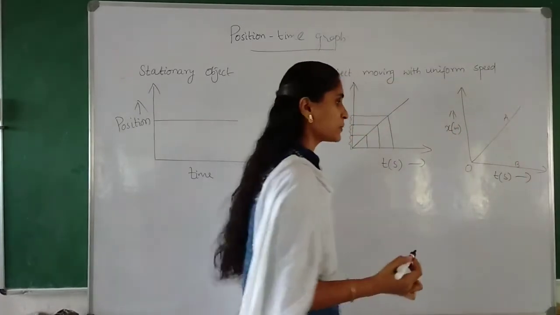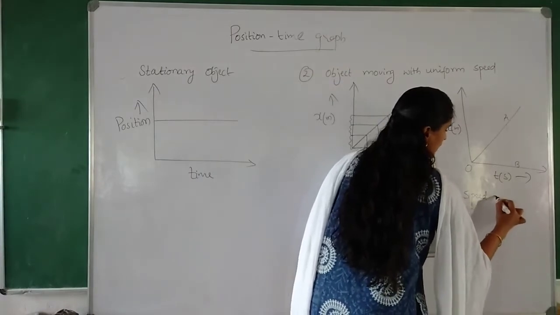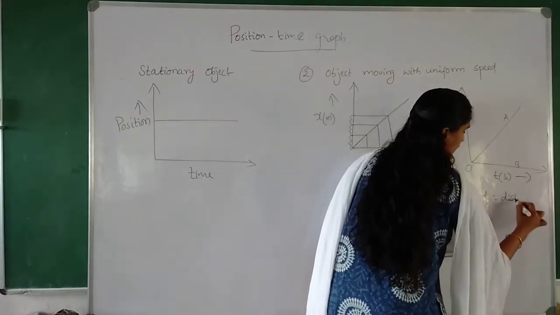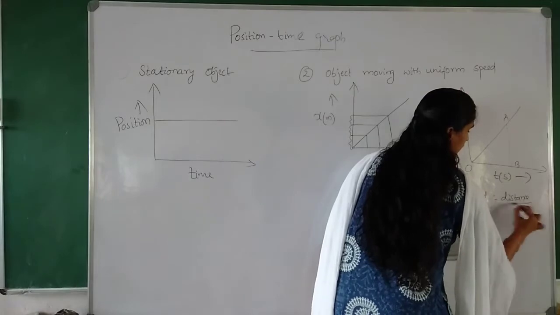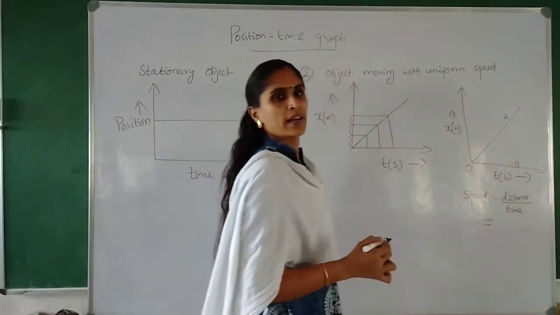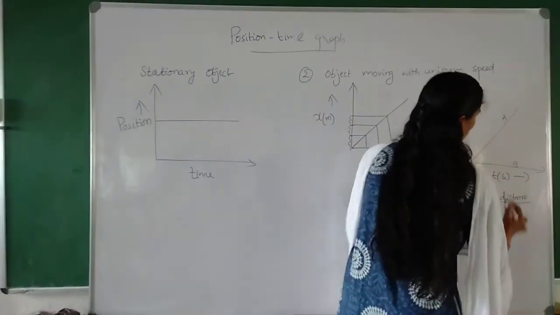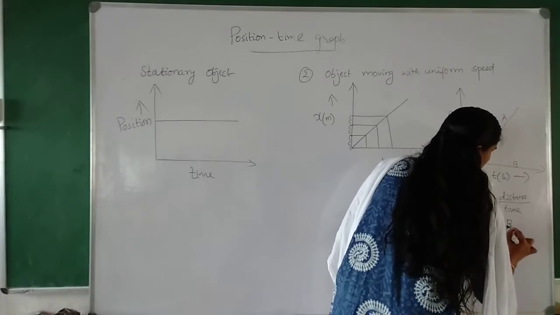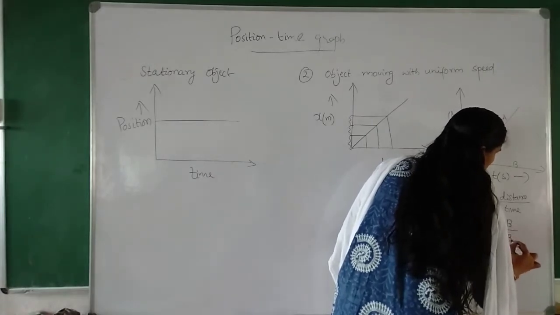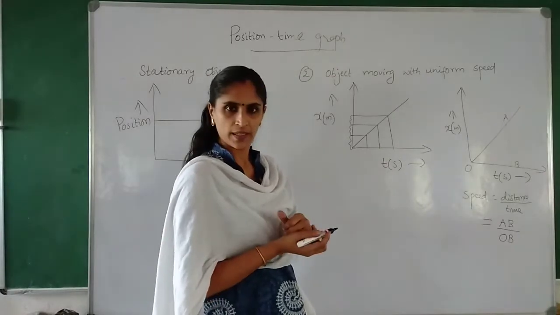So what is meant by speed? Speed is equal to distance by time. No? Distance divided by time. So here distance is plotted along y-axis, so we can write AB divided by OA. Okay, speed is equal to AB by OA.